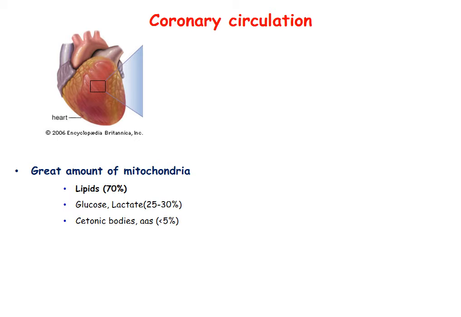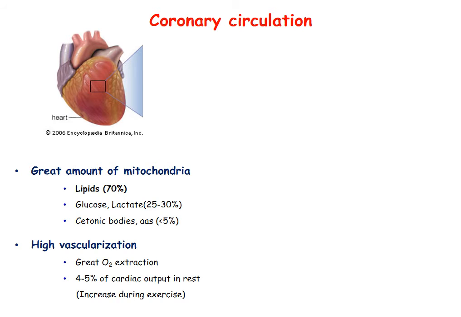In order to provide the heart muscle these nutrients, we can find in the heart a great amount of vascularization. This heart muscle is highly vascularized. This allows the heart to extract a great amount of oxygen. The coronary blood flow at rest is about 50% of the total cardiac output.